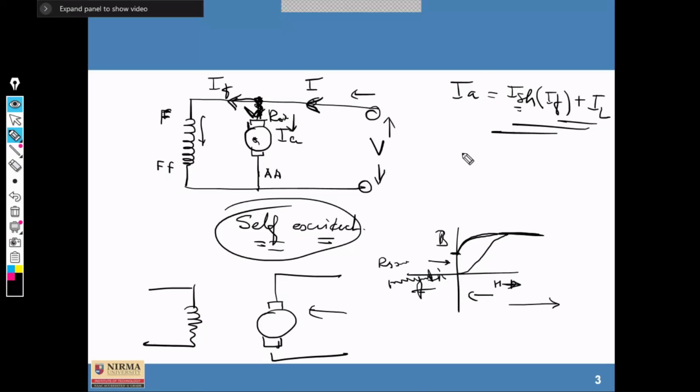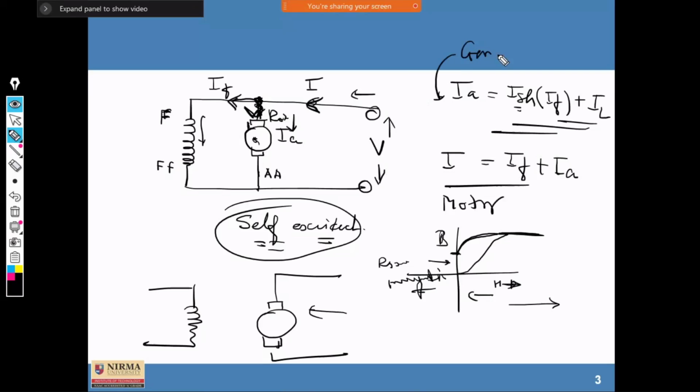So for a motor we can write I is equal to IF plus IA for motoring action, and this is for generating action. Clear?